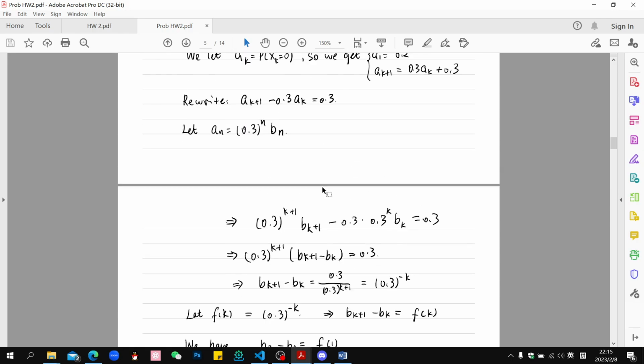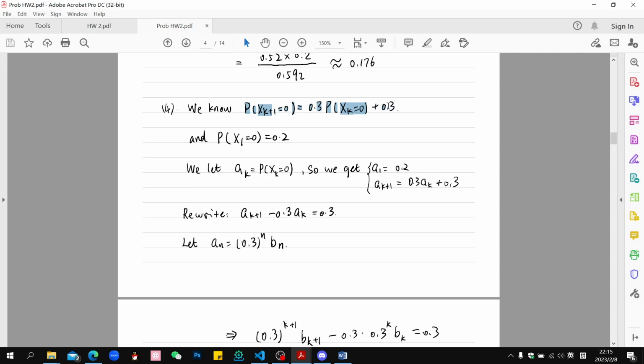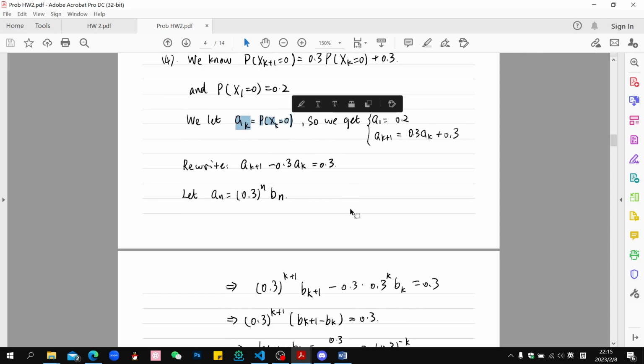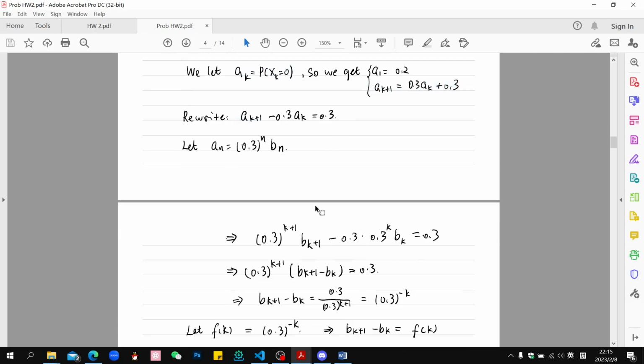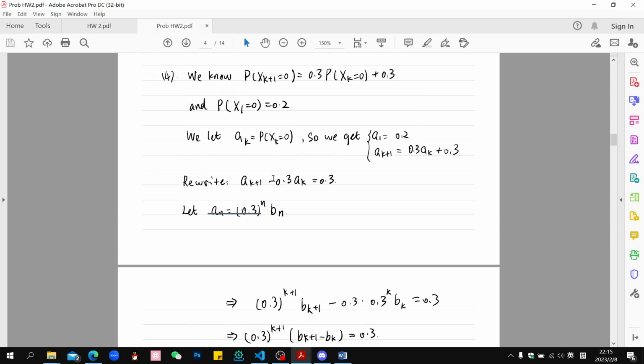expression here. So basically we have this expression here, and we know that the probability of x1 being 0 is 0.2, and we do some substitutions so we can get this term, and we rewrite, and we do some little tricks to find the general expression for an.